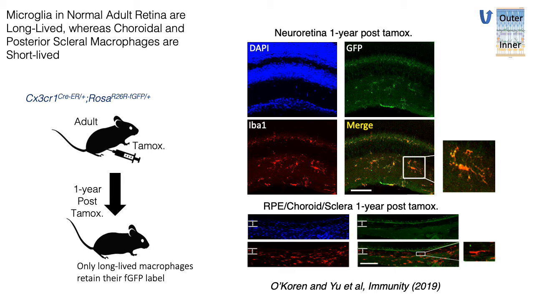And indeed, that's what we saw, both in the inner and outer plexiform layer. Over 85% of IBA1 positive cells were GFP positive, indicating that they are long-lived. In contrast, as you see in the figures below, the IBA1 macrophages in the sclera, posterior sclera, or the choroid were GFP negative, indicating that they are short-lived.